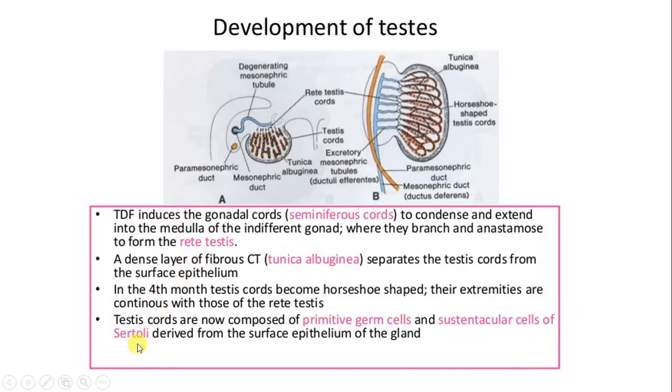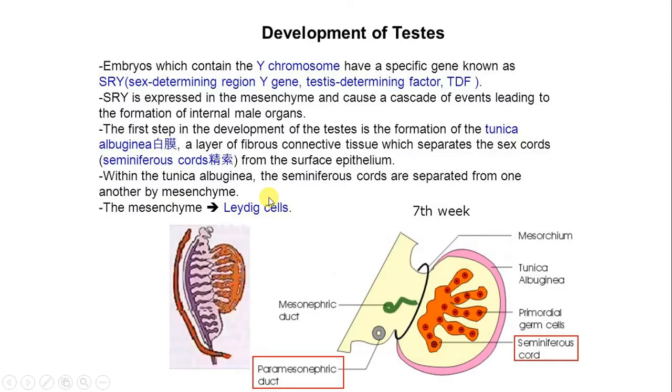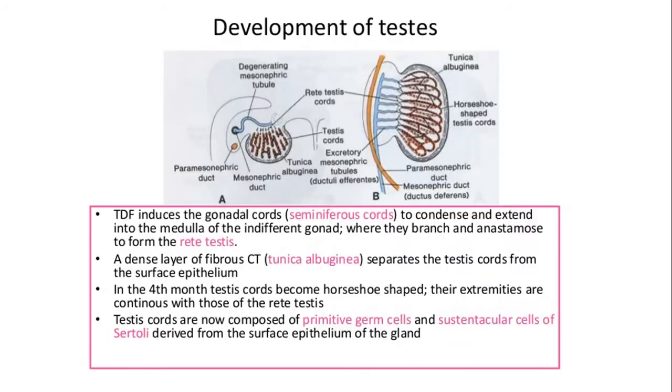So the source of the two cells is different. In the previous slide, the mesenchyme gives rise to the Leydig cells, but the surface epithelium gives rise to the Sertoli cells.